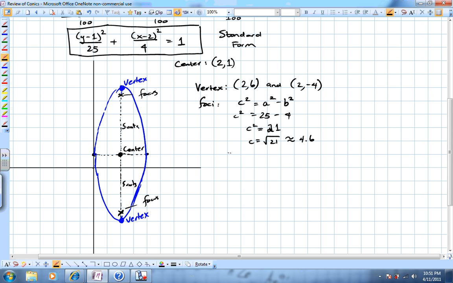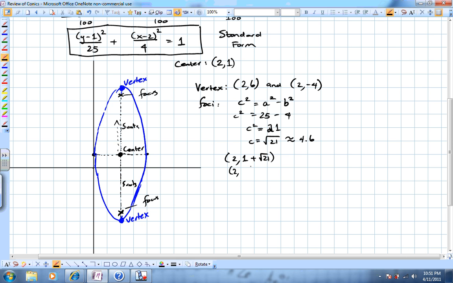Okay, let's go ahead and get the coordinates for these foci. First coordinate, I know the x value is at 2. From the center, I moved square root of 21 units. So the center point right now before was at 2, 1. I know I'm going to have to add square root of 21 units to go in the up direction.